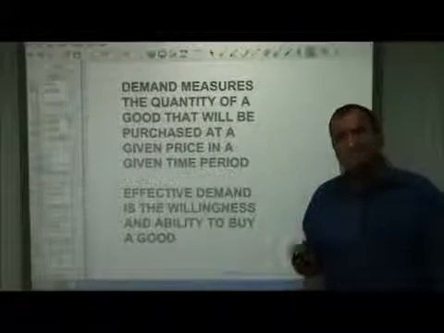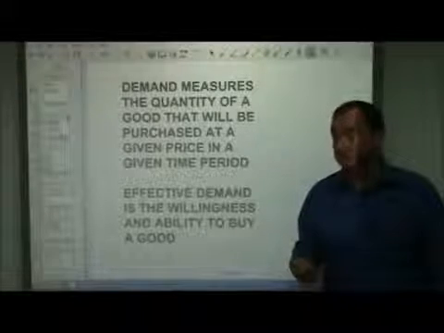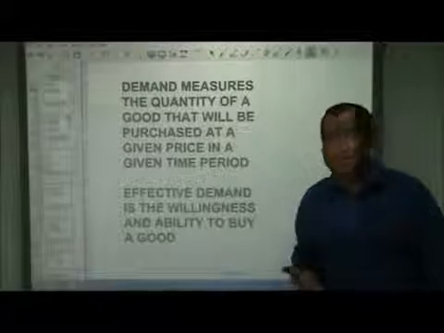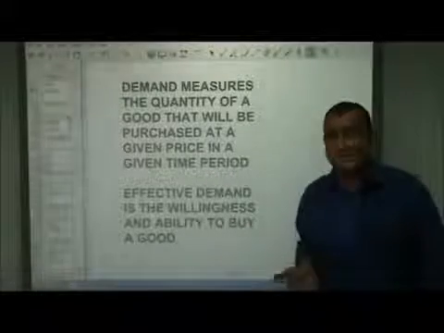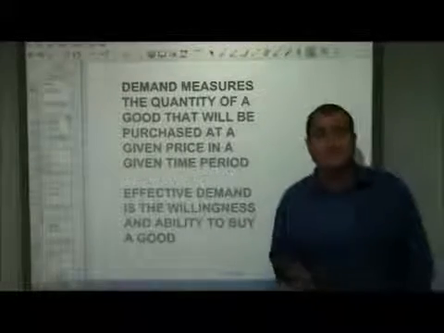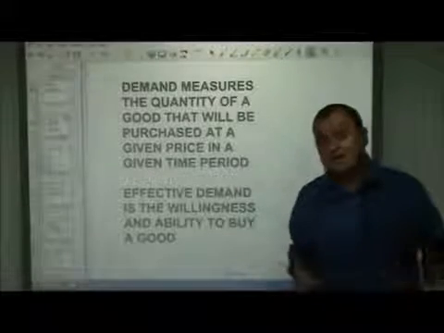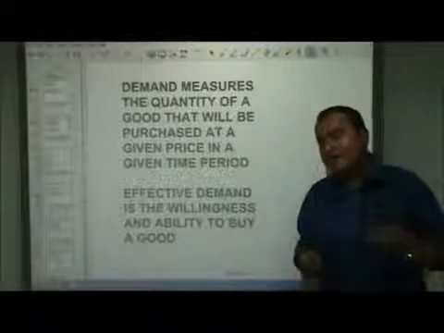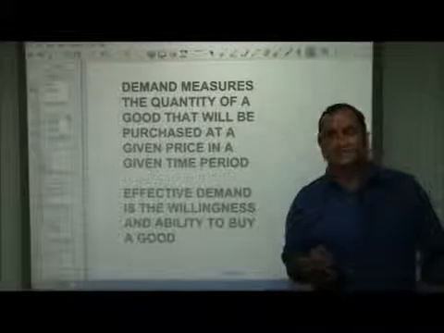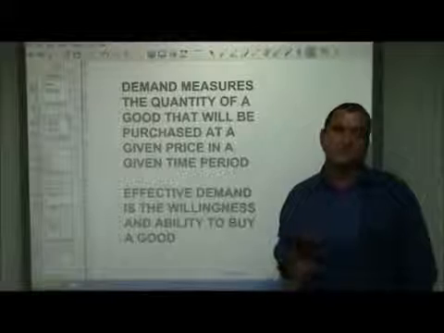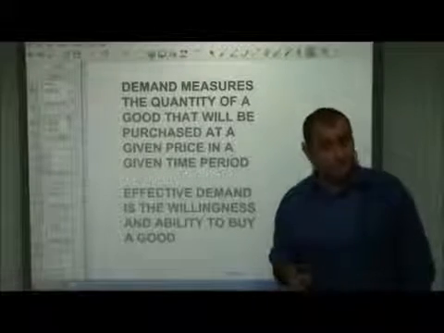So having the ability to pay for something is not demand. On the other hand, I would love to buy a Ferrari sports car, so I certainly have the willingness. However, I don't have the ability to buy a sports car, so I'm not able to demand the car. So when both willingness and ability to buy a good in some quantity exists at a certain price, then we say the demand is effective.